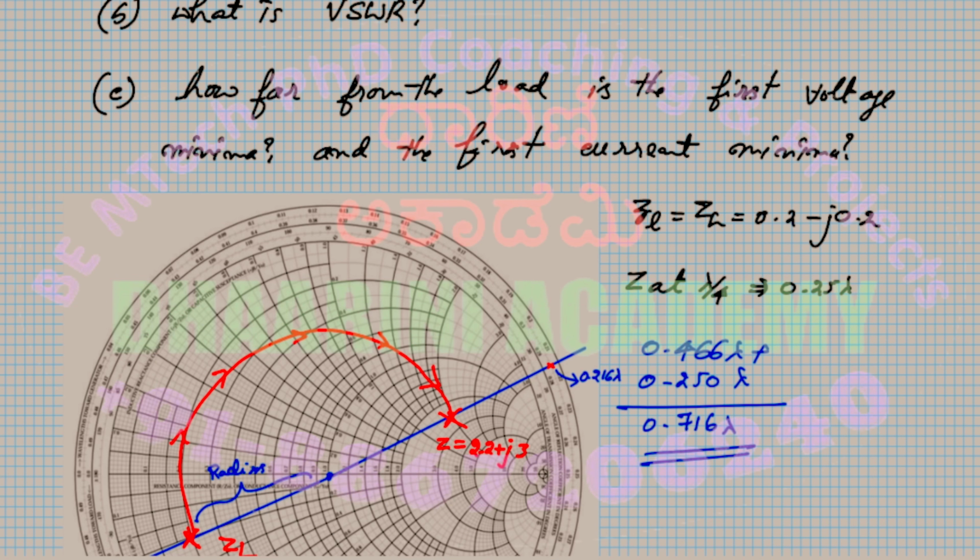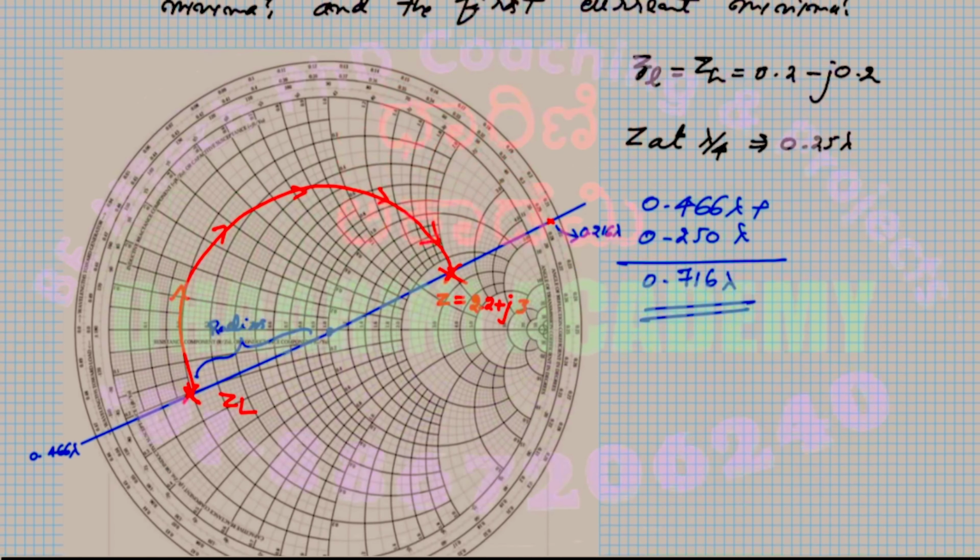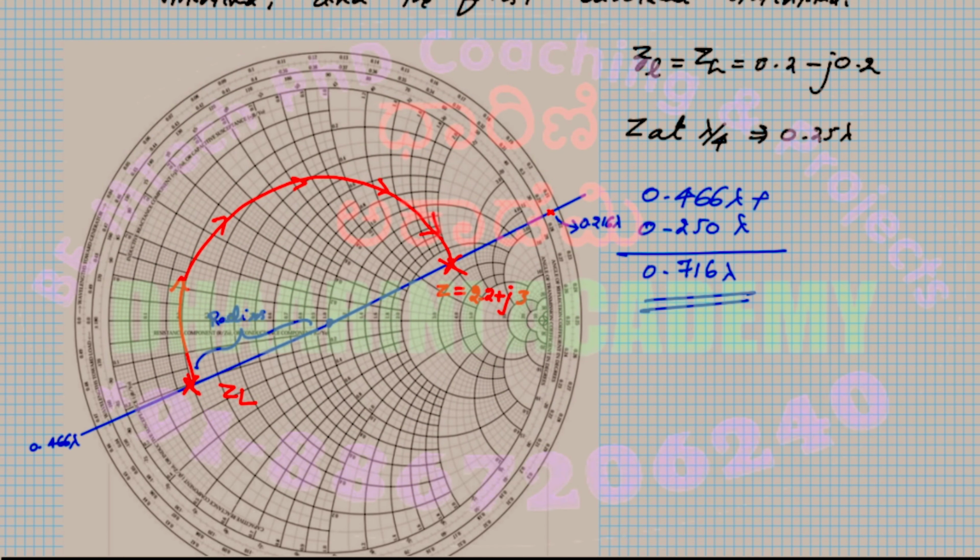In order to measure the voltage minimum, you know that this is the point of the minimum voltage. On my graph, wherever you see Z minimum happens, that is the point of voltage minimum. Just remember.